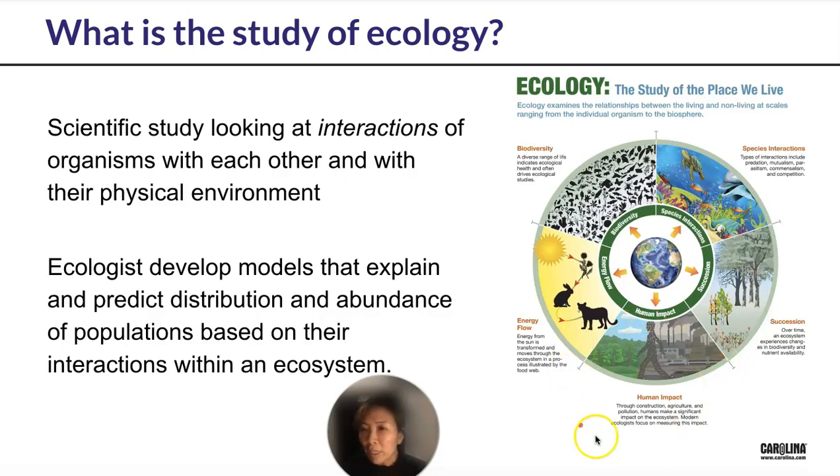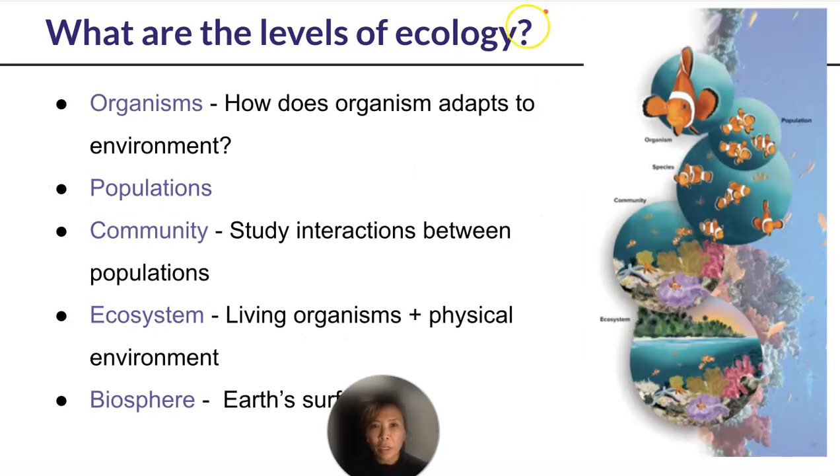Then there is how energy is flowing, so we can look at the environment with regards to the producers versus the consumers. These are all different things to take into consideration when we're looking at the study of ecology.